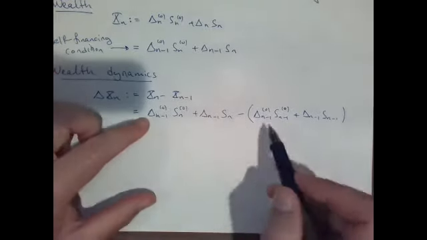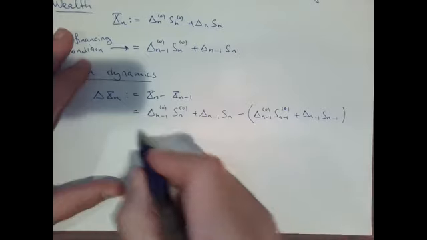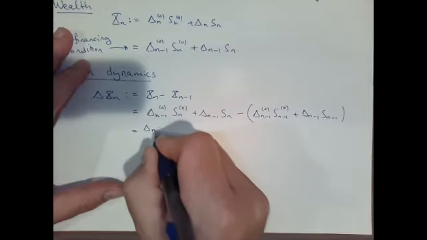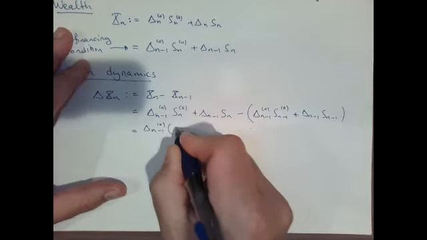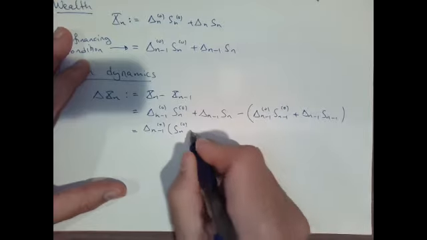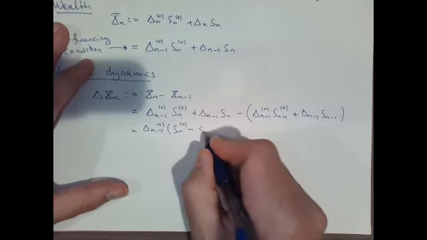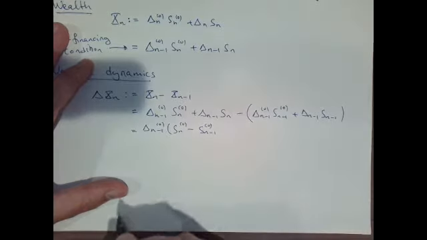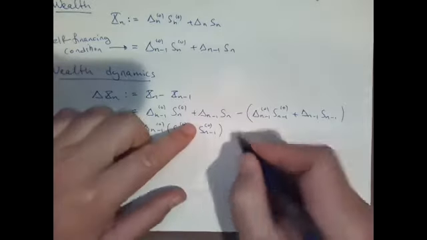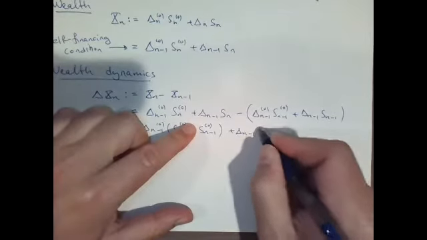And then what we do is we combine terms. You'll have S_n^0, and I'll have minus this guy. And then I'll have the same thing for the stock holdings.